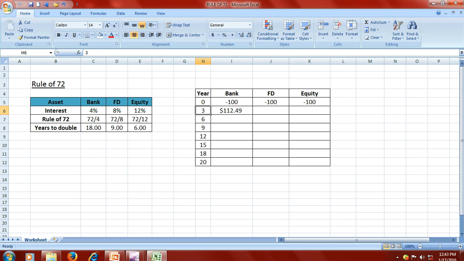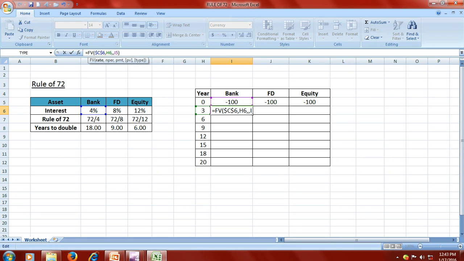Similarly, to write a future value function across the timeline, you can use a method of keeping the interest rate and the investment as constant. All you need to do is just press Ctrl C and drag this formula across all the cells to calculate the respective value. So to keep the interest rate and investment amount constant, all you need to do is just place the cursor over here on the rate, press F4.